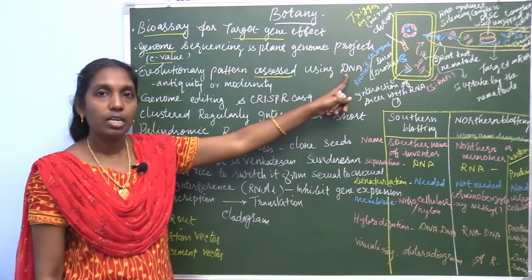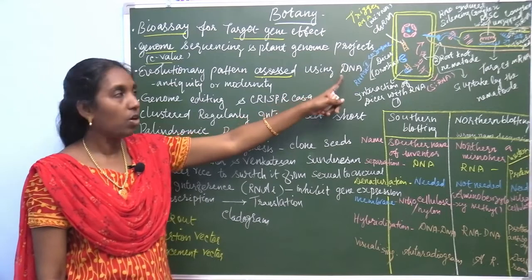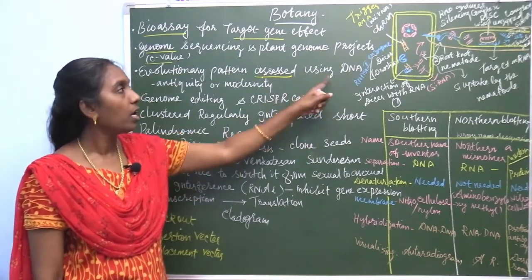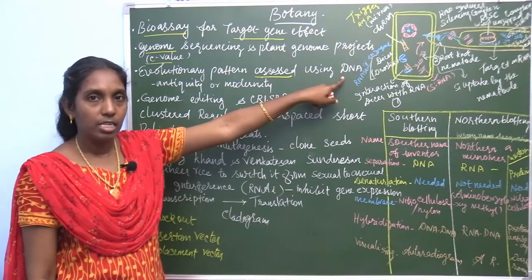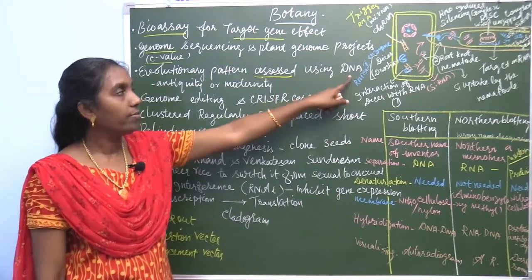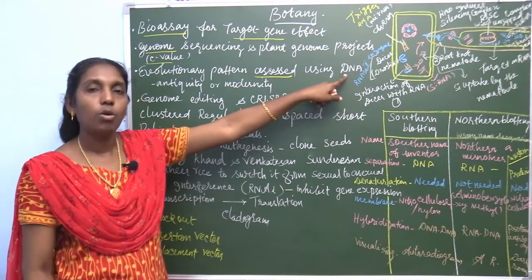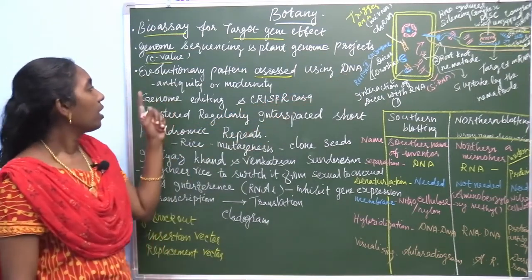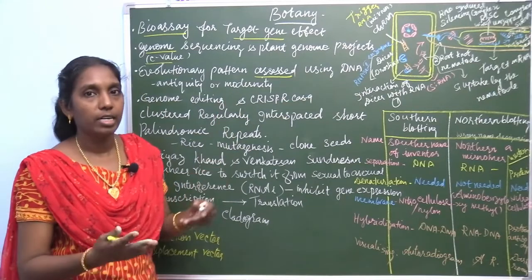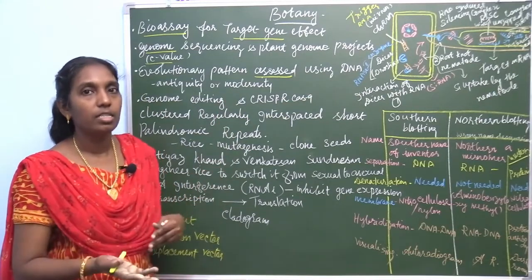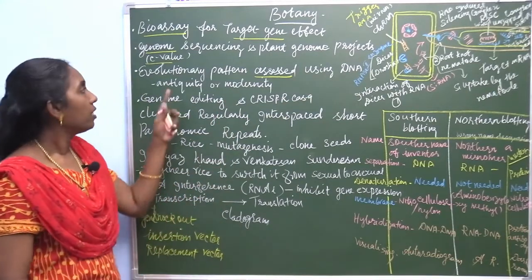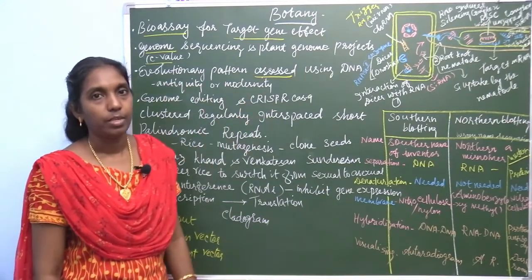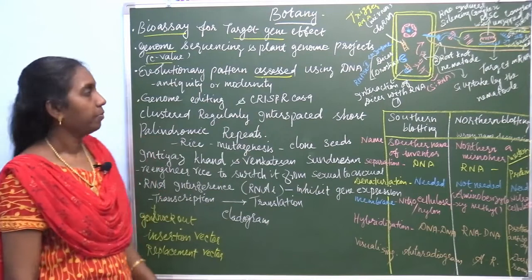If you analyze all the characteristics of DNA, each and every trait can be determined in the form of genes. So if the content of DNA is analyzed, all the characters are present in it. It contains antiquity or modernity, from ancient till modern. That is the evolutionary pattern assessed using DNA.